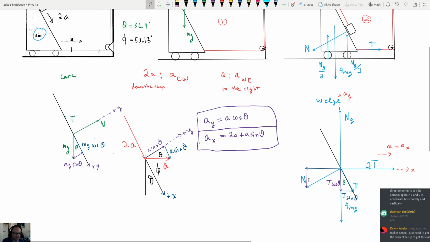And then N is actually, I'll move it so that it's right here. If you look at the angles, this is theta, which means that this angle would have to be 90 minus theta. And then this angle is also theta, so we'll put a theta right there. That means that this side over here is going to be N times the sine of theta. The side on the top is going to be N times the cosine of theta.